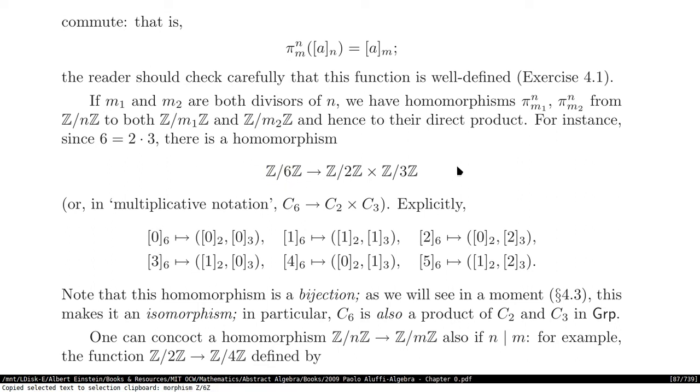So you have 0, 1, 2, 3, 4, 5, and then they get mapped onto ordered pairs of multiples of 2 and multiples of 3. So 0 in the equivalence class of multiples of 2, again in multiples of 3, so (0,0), (1,1), (0,2), then (1,0), (0,1), and (1,2). So that's how you do it. Okay.